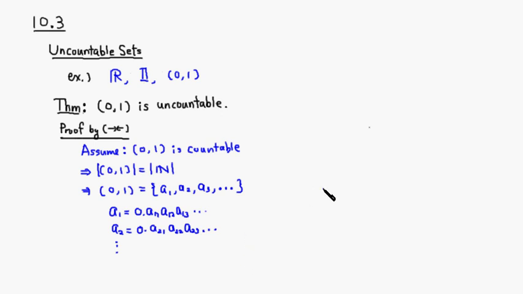Here's the construction. Let's define a number b, which is between 0 and 1, this way. b is going to have a decimal notation, so it's going to be 0.b1 b2 b3, and so on, where b1 is the first digit.